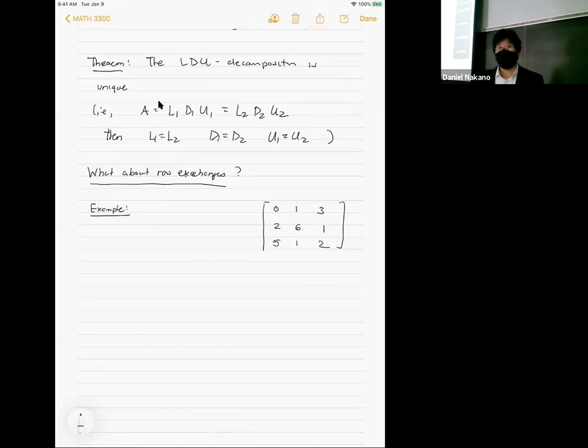Okay? So what I'd like to do is switch row 1 and row 2. And we want to keep row 3 the same. Right?